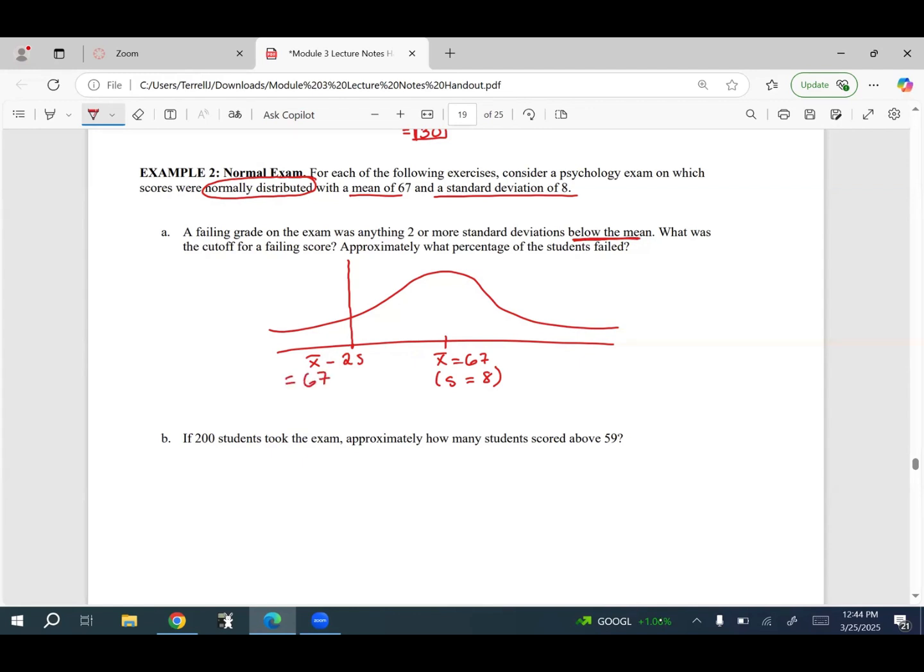So that value would be 67 minus 2 times 8. And if I do that, I should get 51. So for the first question, what was the cutoff for a failing grade? Well, the cutoff would be 51 or lower. Failing would be 51 or lower.